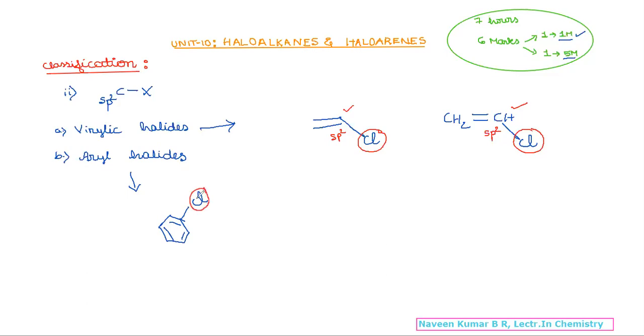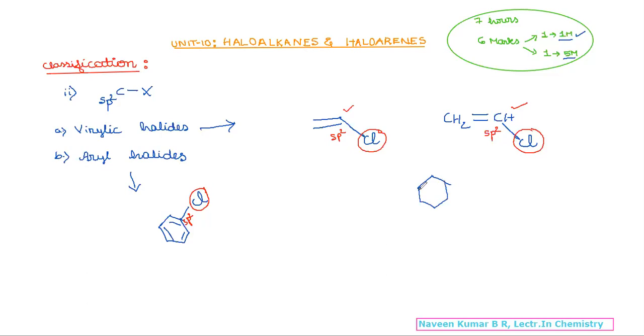If a halogen is directly attached to an sp2 hybridized carbon atom of an aromatic ring, or aromatic carbon atom, then it is called an aryl halide or haloarene. If it is attached to a double bonded carbon atom that does not belong to the aromatic ring, then it is called a vinylic halide. You can assume one more example to understand the vinylic halide.